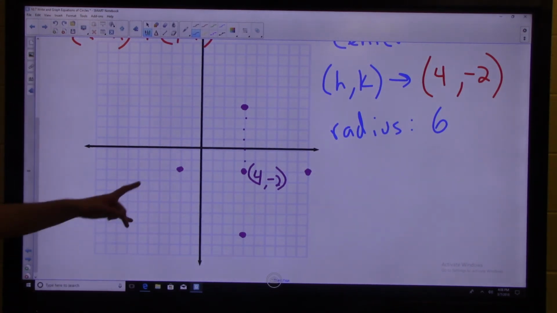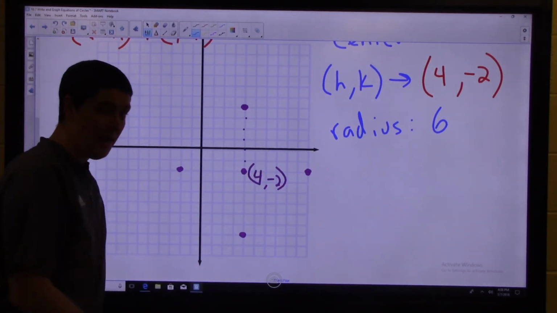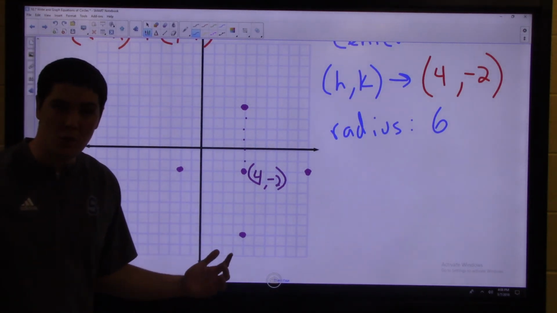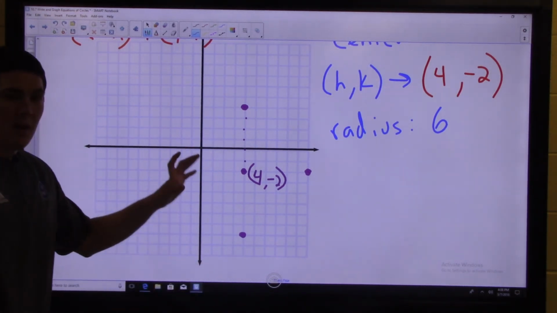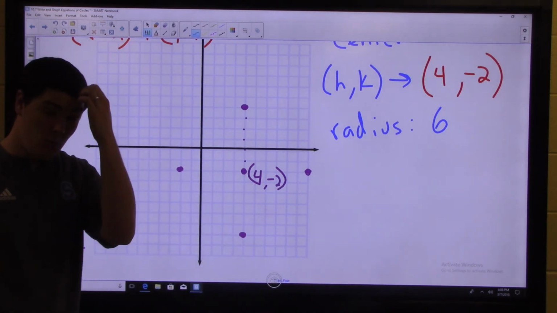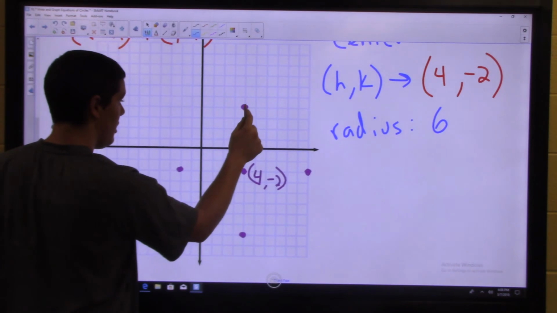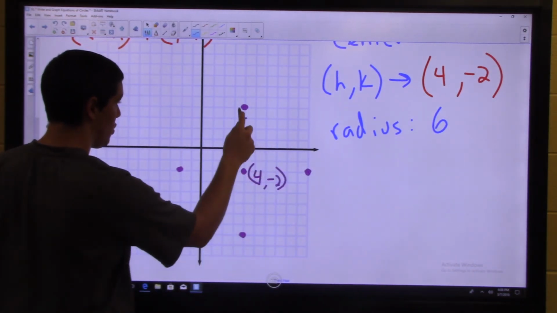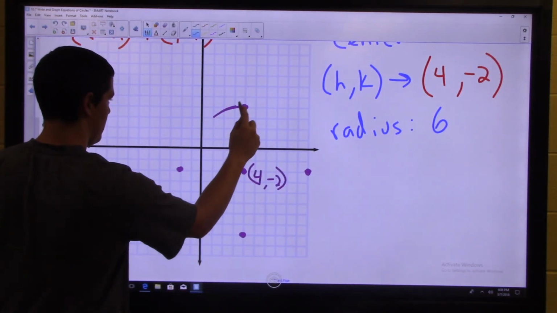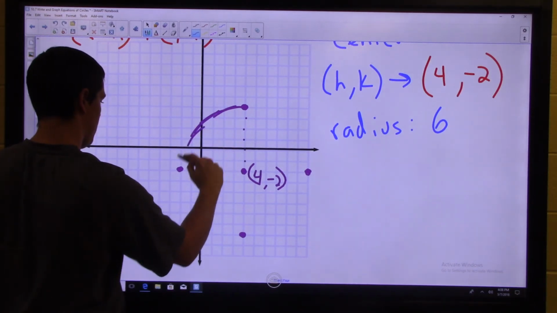Okay, now guys, if you just connect the dots exactly with lines, it's not going to look like a circle. So do the best you can, and again, I'll try to draw it curved. You might have to kind of pick up your pencil a few times, but try to do the best you can to make it look like a circle. So something like this.